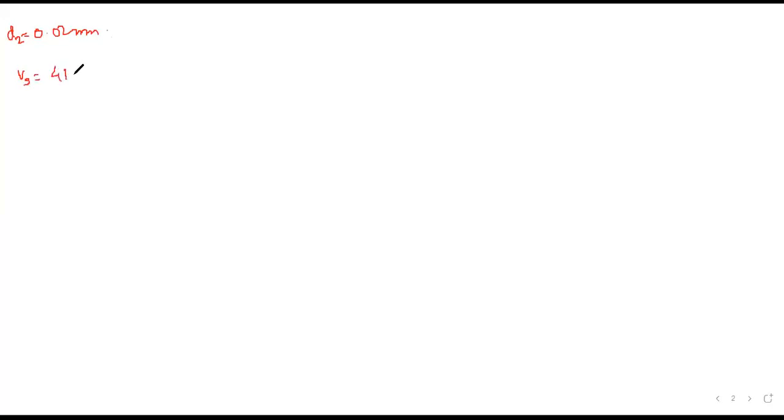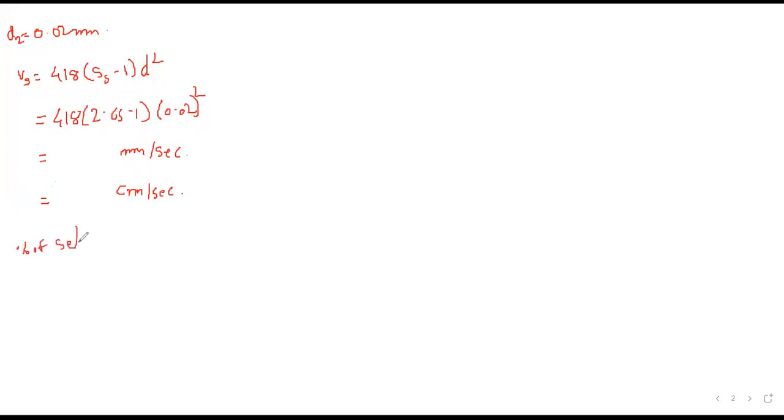Settling velocity is equal to 418 into bracket SS minus 1 into D square, that is 418 into bracket 2.65 minus 1 into 0.02 bracket square. Calculate the answer and tell me in mm per second, and then subsequently in centimeter per second. And then find out the percentage of settled particles.